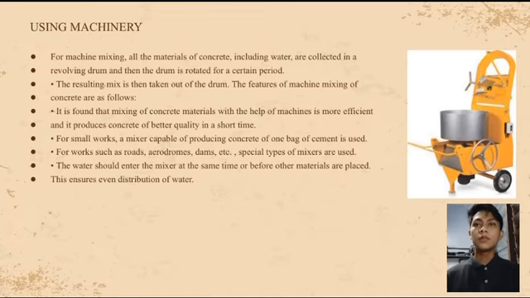It is found that mixing of concrete materials with the help of machines is more efficient, and it produces concrete of better quality in a short time. For small works, a mixer capable of producing concrete of 1 bag of cement is used. For work such as roads, aerodromes, dams, etc., special types of mixers are used.